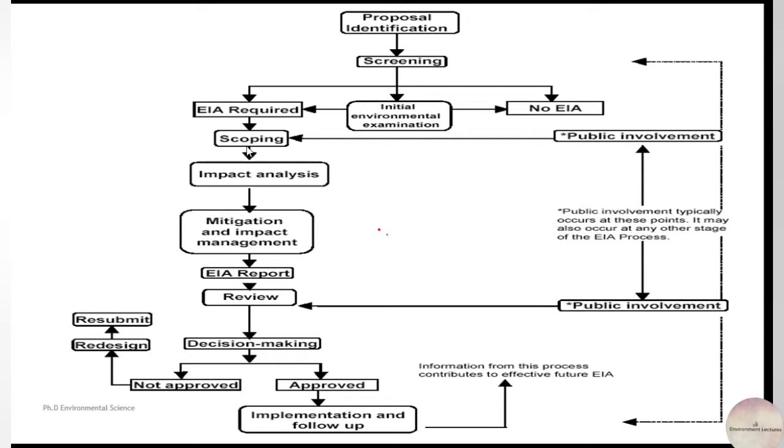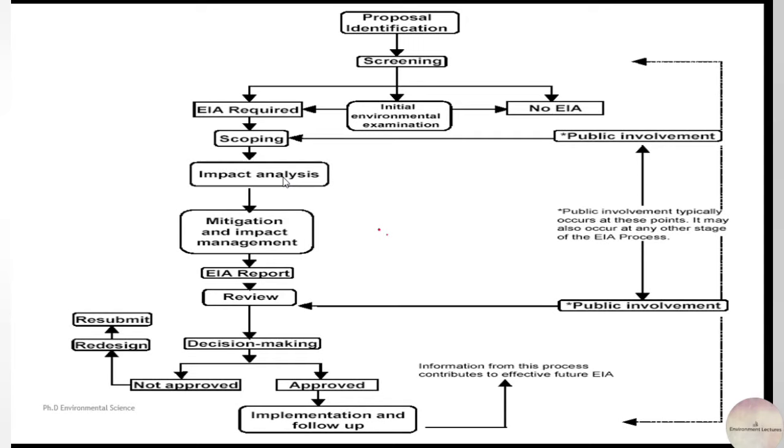Then is scoping. Now this step involves determining the scope and major issues of the EIA. It defines the extent of the study and identifies the significant issues which are to be considered. Public involvement typically occurs at this stage, means at the scoping stage, to gather input and concerns from the public.